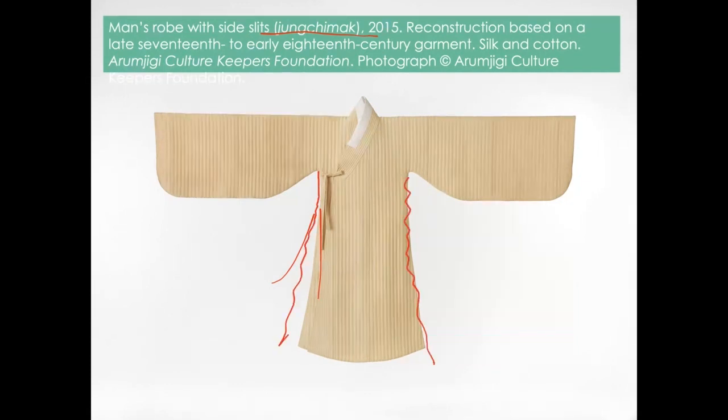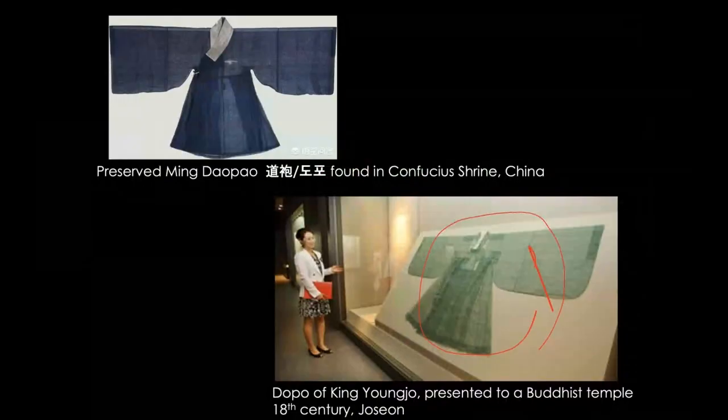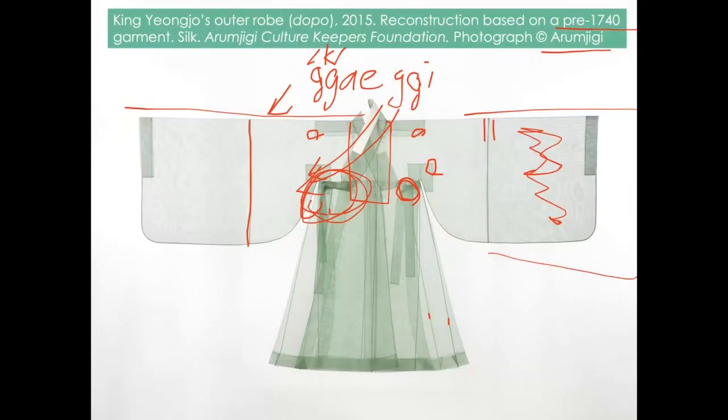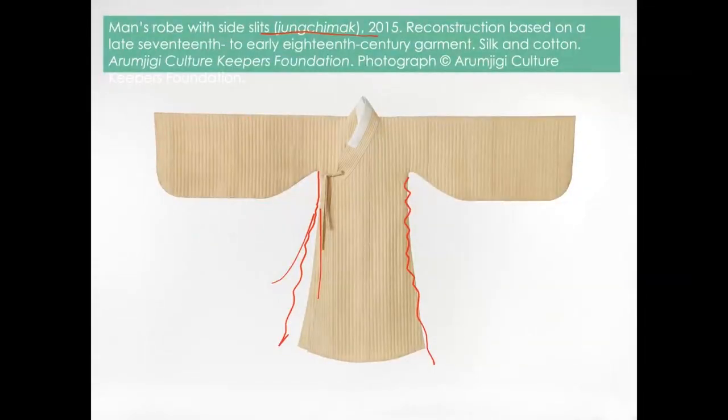It's more like an apron type. 도포 has more layers, so if you see this design, the side panels are added on in order to close the clothes, but 중치막 doesn't have this side element. So it's like two flaps. You have a front and you have a back. It's not connected. This one is also more active for you to walk around. And again, the sleeve is not as big as the 도포. So it's lighter and simpler than 도포, and you can wear this to go outside.